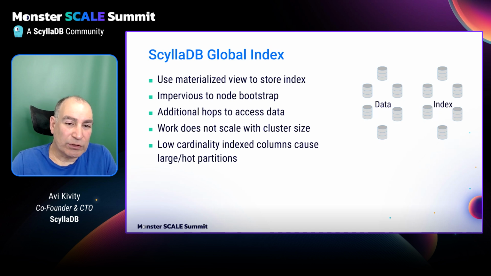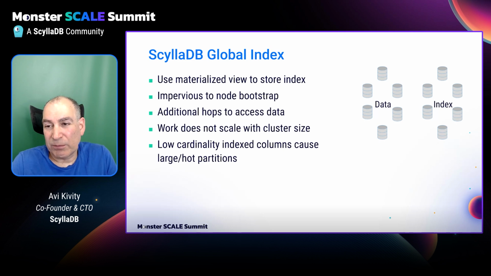So you don't need to do any additional work during the bootstrap, but you do need additional hops to access the data. With a local index, the data is always on the same node you're accessing. Here you have to do an extra network hop, which adds latency.